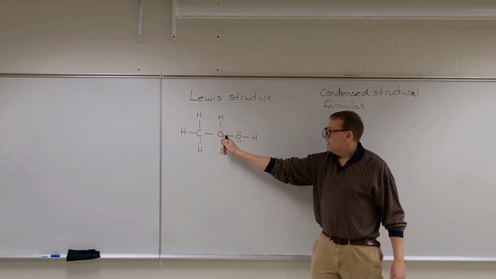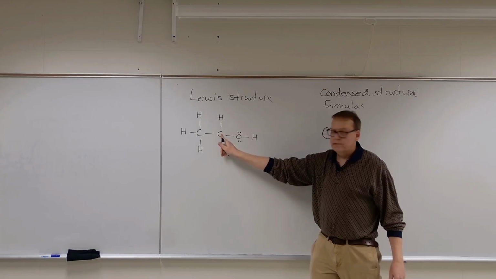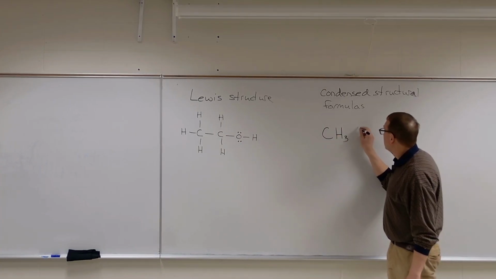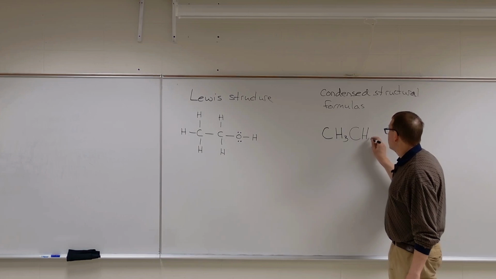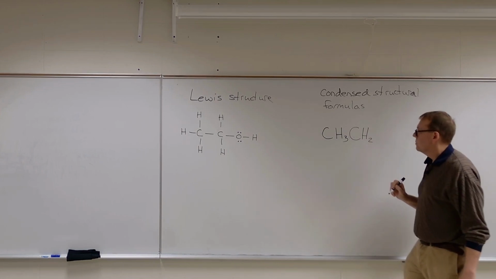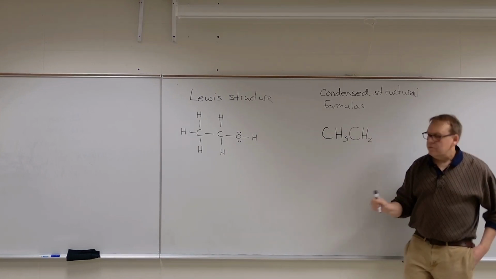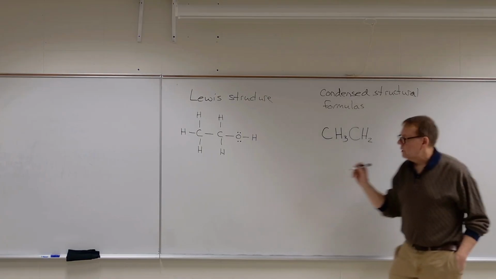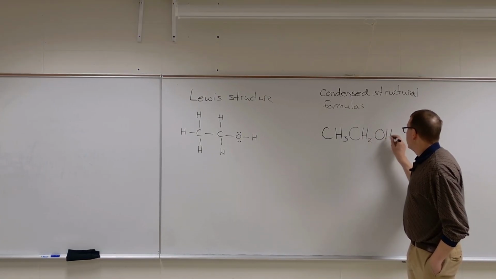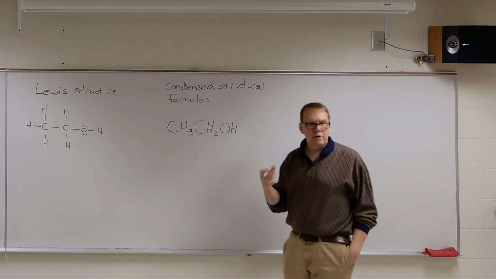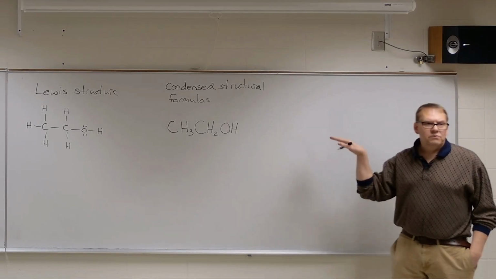And then the next carbon over will be drawn as a C. And then there's two H's attached to it, so that'll be represented as an H with a subscript 2. And then there's an OH attached to that, and we can represent that with OH. This is a way of drawing molecules as a string of text, basically, just a bunch of characters that run in a row.